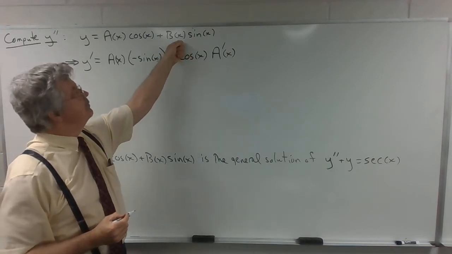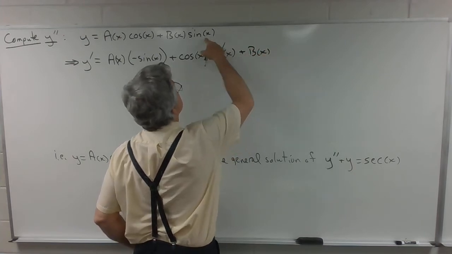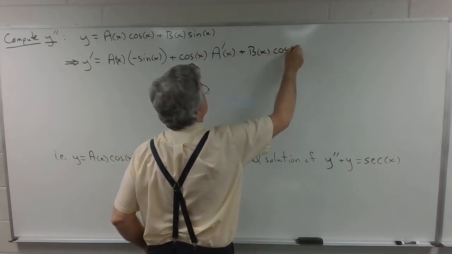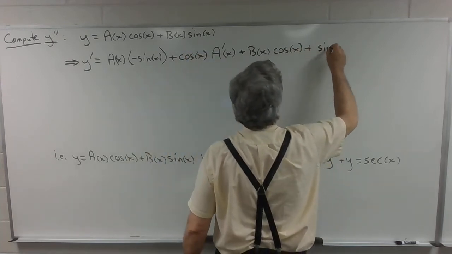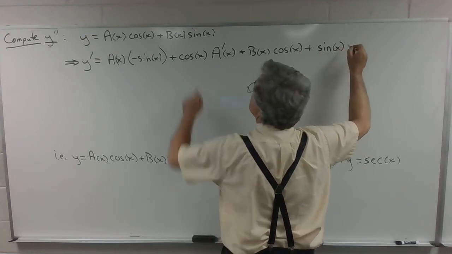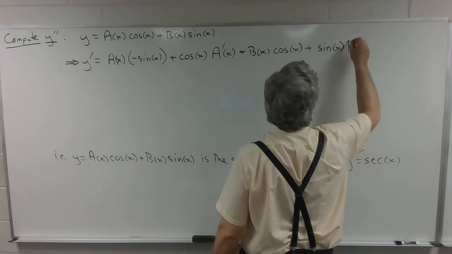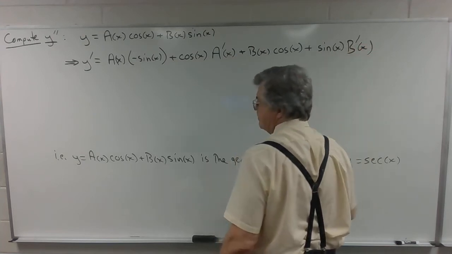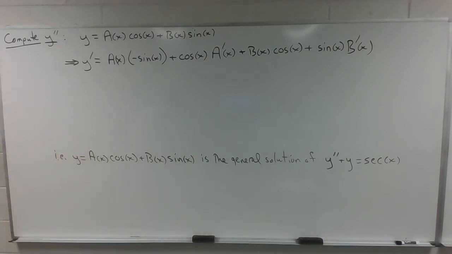We'll get first, which is b of x, times derivative of the second, cosine of x, plus the second, sine of x, times the first prime, b prime of x. Oh, does that look like a mess or what? Now, let me just rewrite this a bit.